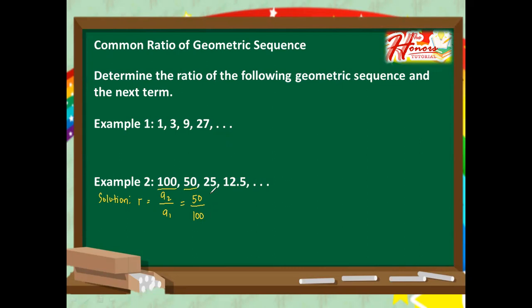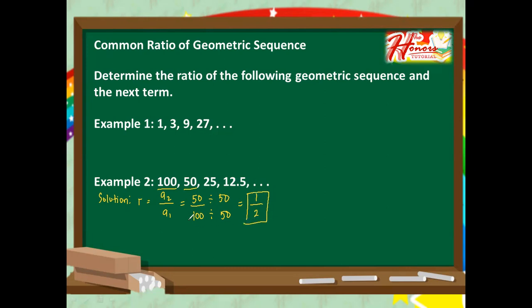Yes, it is possible, but just like 2, you have to simplify again and again. Let's say 10. Yes, 10 is possible, but the biggest number that can divide the numerator and denominator is 50, so let's use it. So we will not divide over and over again. 50 divided by 50 is 1, 100 divided by 50 is 2. So our ratio is 1 half.